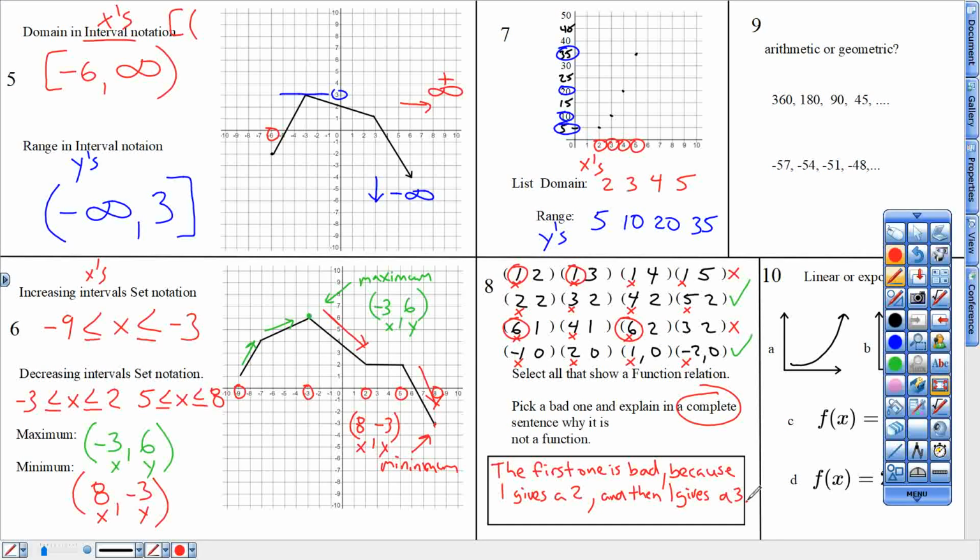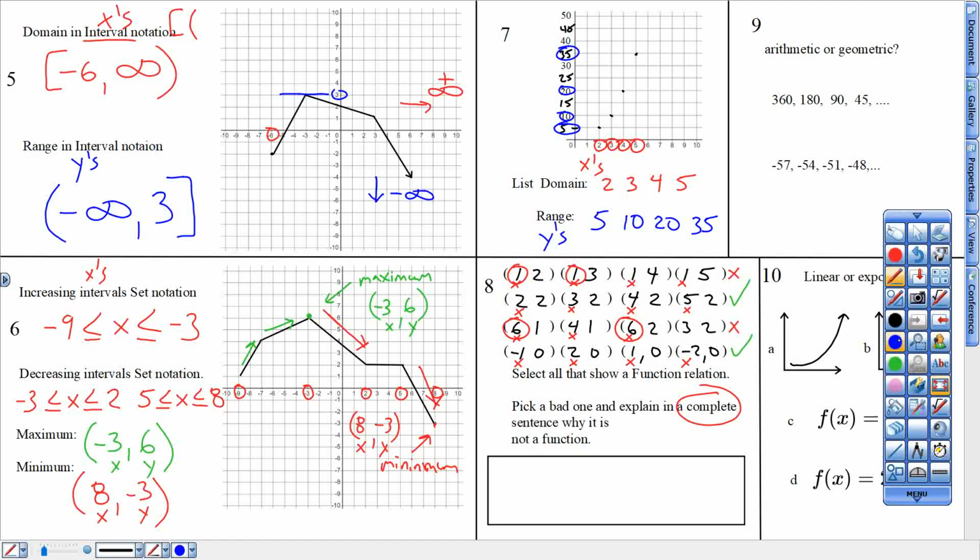Or you could say the third one's not good because that same 6 gave me 2 different outputs. One 6 is a 1, the second 6 is a 2. So again, you're going to have to explain in a complete sentence kind of what you're looking at. So again, another sentence I could have said to maybe make this one a little clearer.